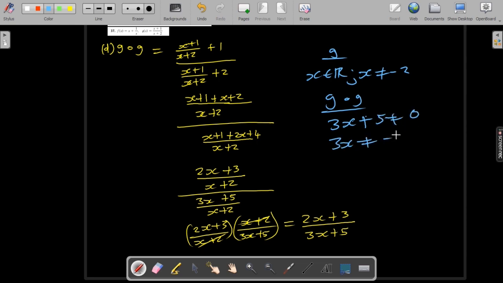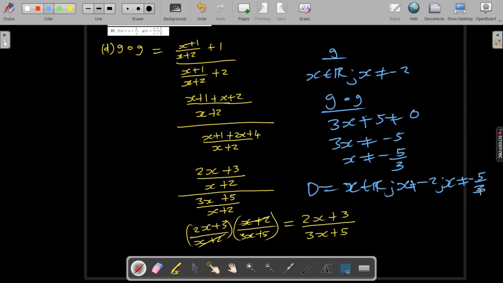So it'll be the following. x should not be negative 5 over 3. That is the condition that we're going to have. So to combine these, we can say x can be anything as long as x is not negative 2 or x is not minus 5 over 3. That'll be the domain of the overall function.